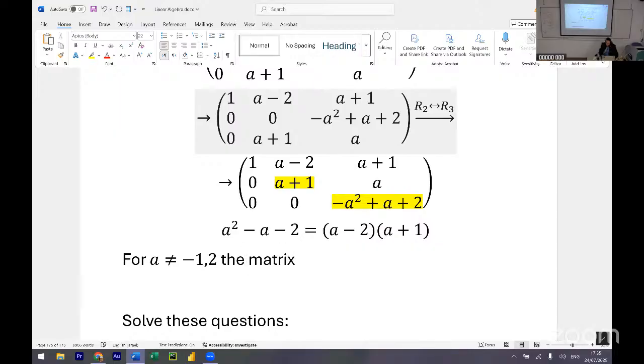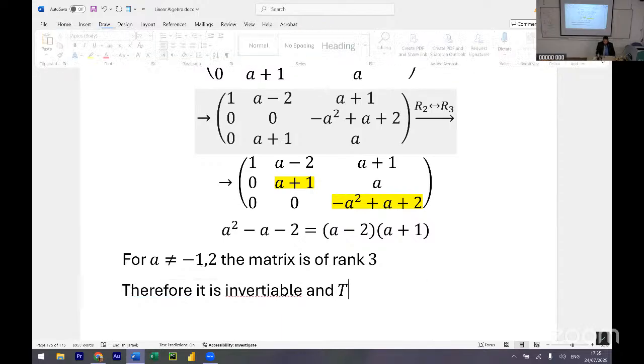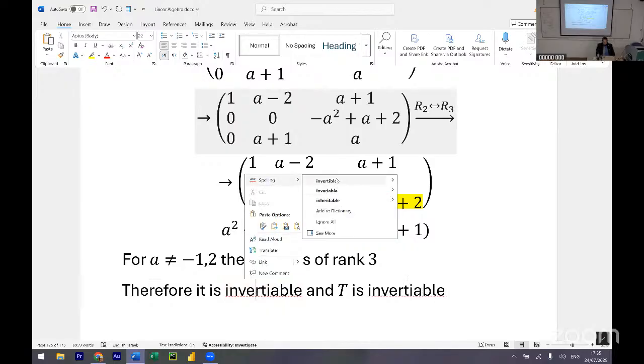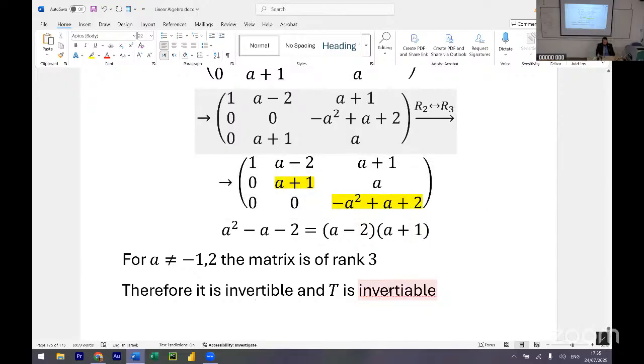the matrix is of rank 3. Therefore, it is invertible, and T is invertible.